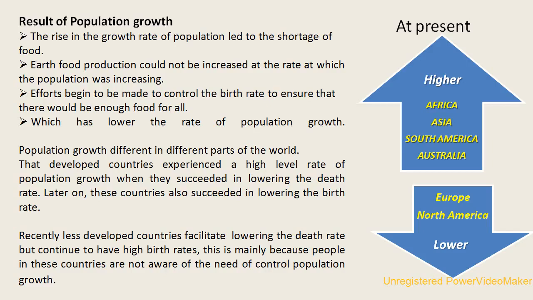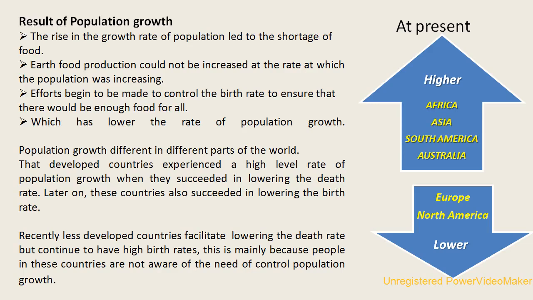That is to control the birth rate, to ensure that there would be enough food for all. If we control the birth rate, then we will have enough food for all. While we controlled the birth rate, it also resulted in a lower rate of population growth.